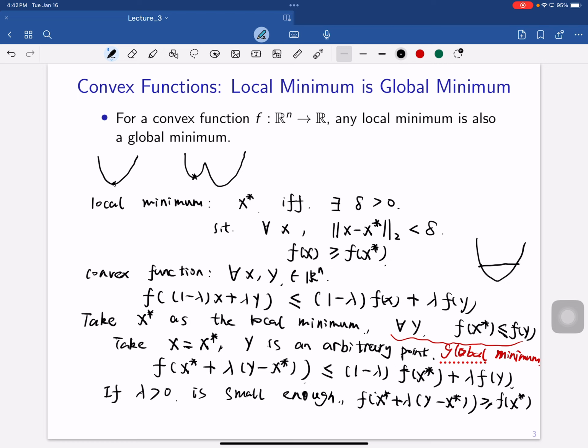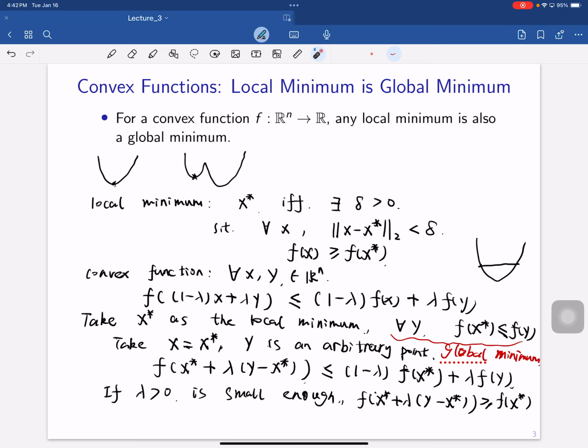Okay, why is this true? Because x star is a local minimum, right? If you pick a very small number lambda, which is very close to 0, it's like you perturb x star slightly, right? Then due to the definition of local minimum, there must exist a lambda small enough, maybe even much smaller than this delta number we pick, right? Then we can say this always holds. Right? That's just the definition of the local minimum.